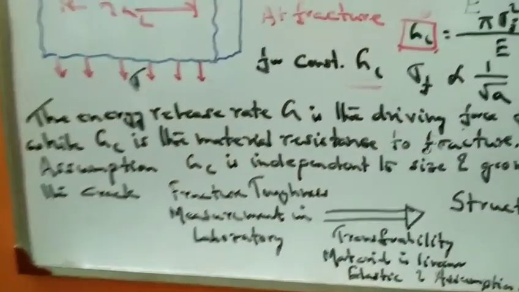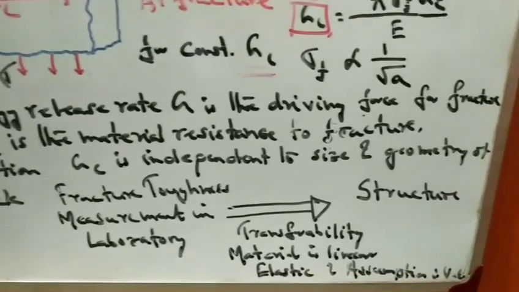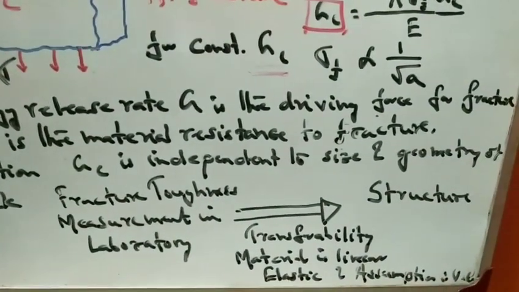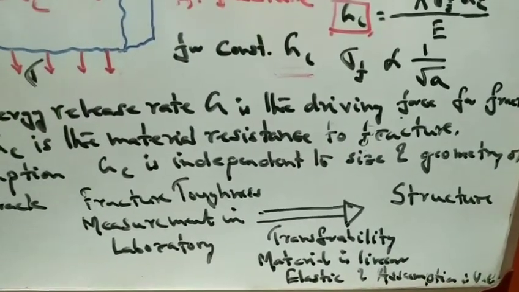Now, fracture toughness measurement in the laboratory. I have shown previously, for a CT specimen, fracture toughness can also be measured with the help of a TPP specimen, which is called a 3-point bending specimen. There are different fracture specimens.